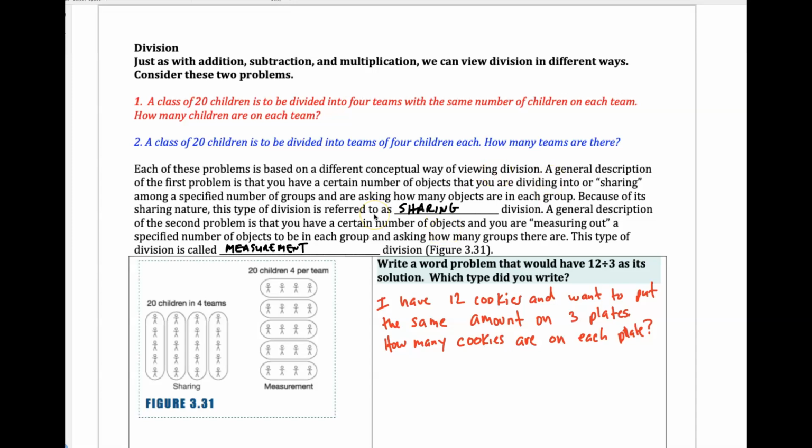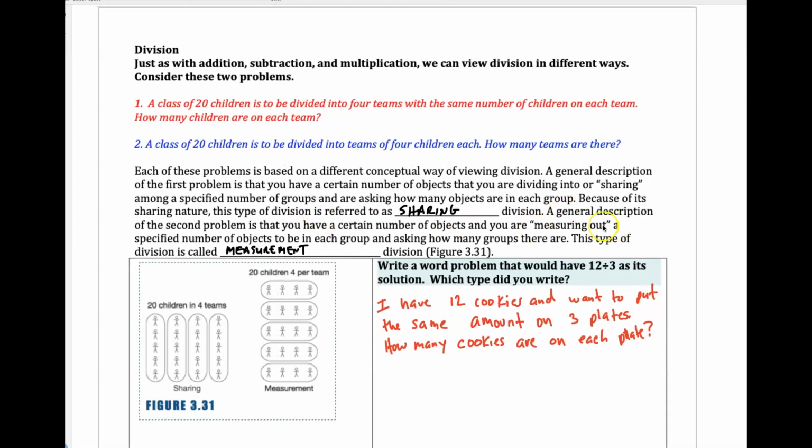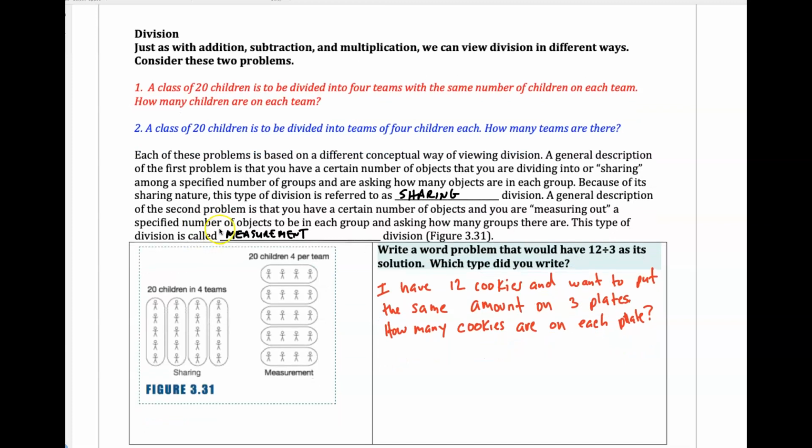One of them is through what we call a sharing division model, and the other one is through a measuring out model. Sharing, because of the sharing nature, you're figuring out how many objects are in a group, versus measurement, where you're measuring out a specific number of objects and you're trying to figure out how many groups there are. And so that becomes an essential thing. How many groups are there? And the other one, how many objects are in each group? Those are two different things, right?